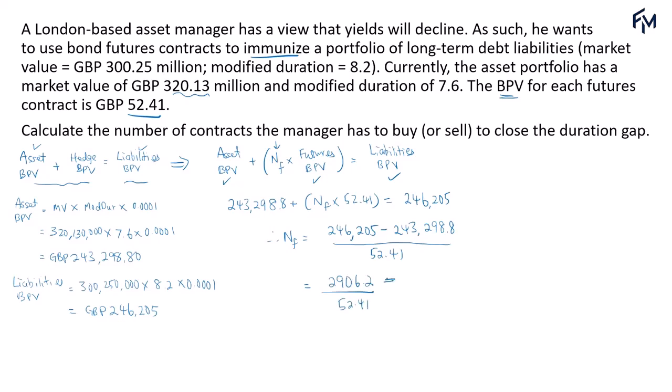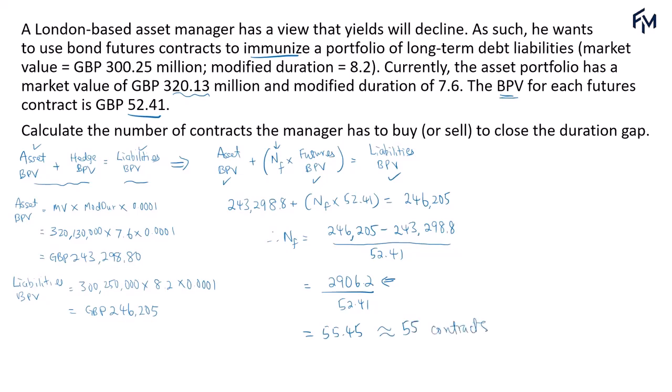In other words, this is telling us that we need to increase the asset BPV by 2,906.2 in order to close the gap, so that there will be no difference between the asset and liability BPV. So now let's divide. That gives us 55.45 contracts. Of course you can't buy 0.45 contracts, so we'll round this to the nearest whole number. That gives us 55 futures contracts.